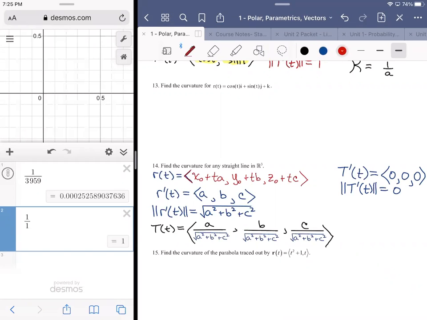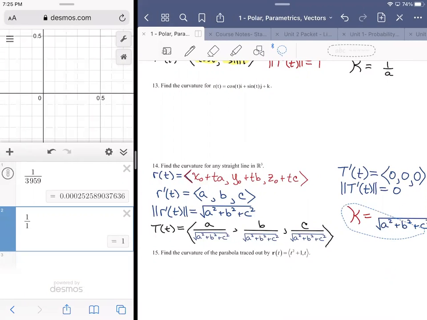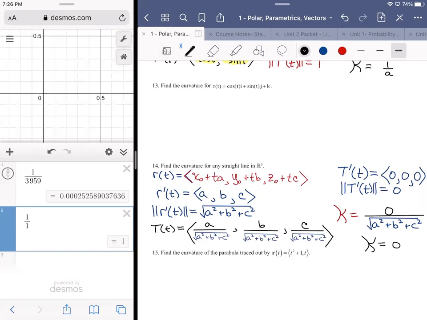So when I want to find kappa, my curvature number, my bendiness number, it's going to be 0 divided by the magnitude of all of this stuff. So 0 over all of that gives me a kappa value equal to 0.